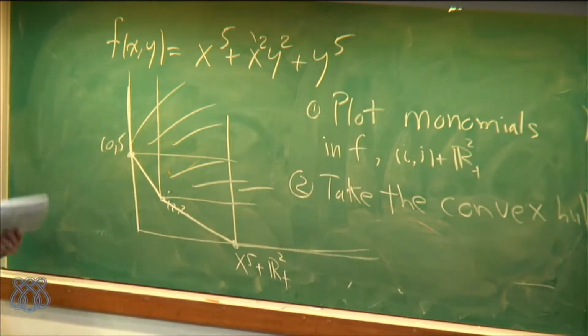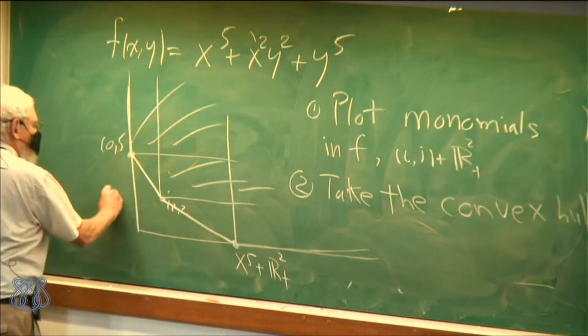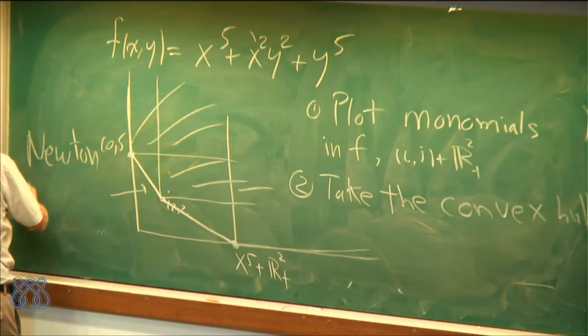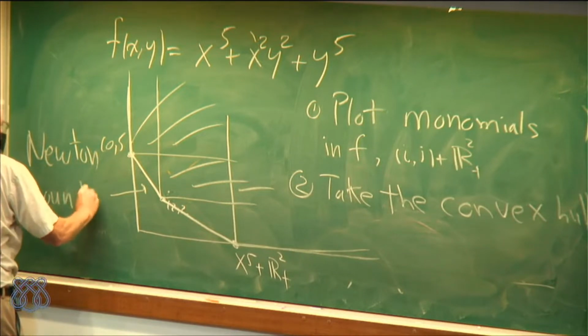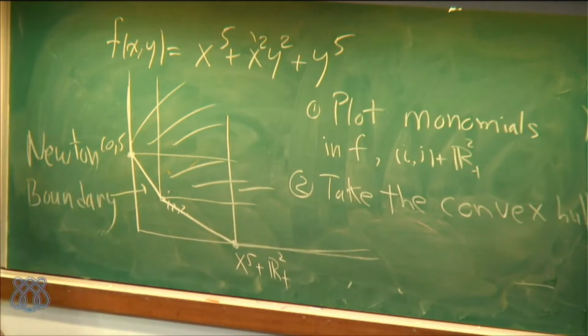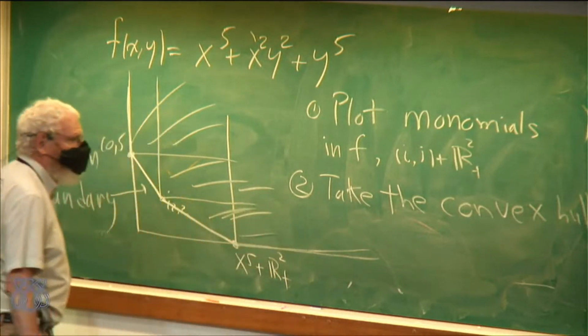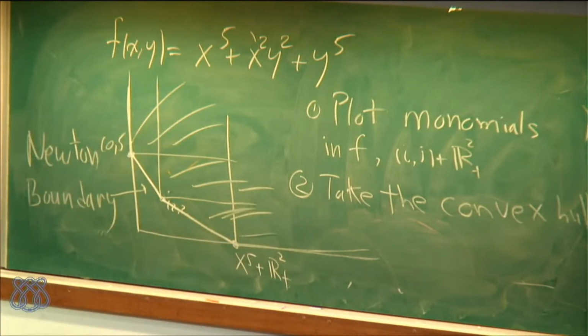This whole diagram is called the Newton diagram, and this is the Newton boundary. What we would like to do is to get a condition which will guarantee that all the monomials that are on or above the Newton boundary are actually in the integral closure of the ideal.